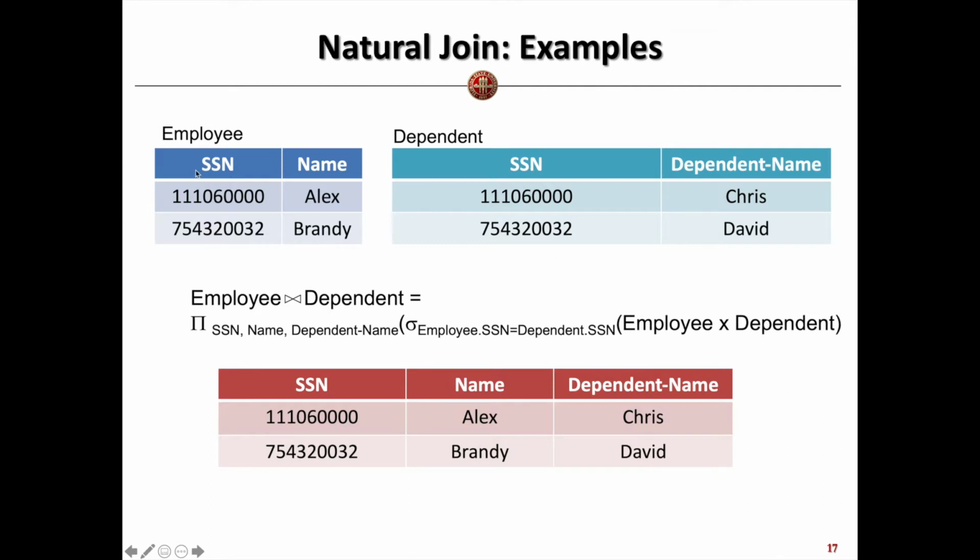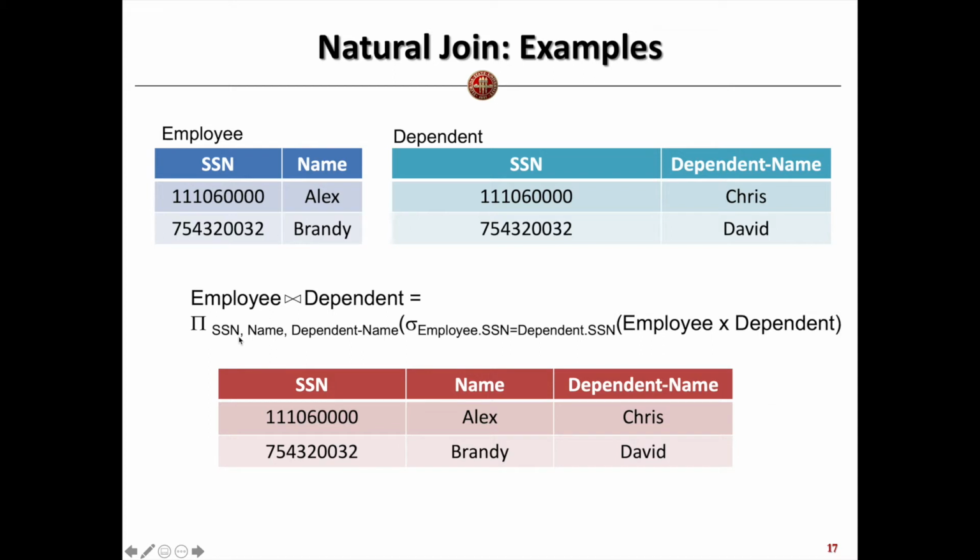Because this one is a shared attribute between them. And outside we further do a projection. We project SSN, name, and dependent name. Because this SSN is duplicated, we only have one SSN in the output schema, right?